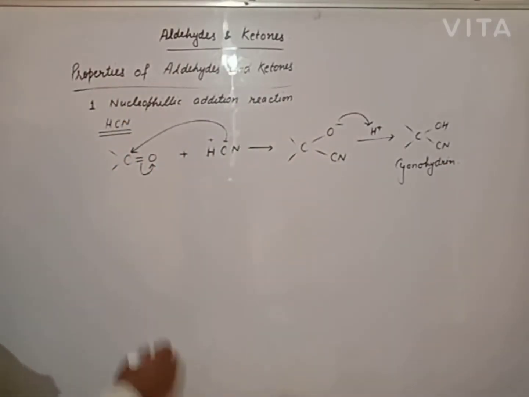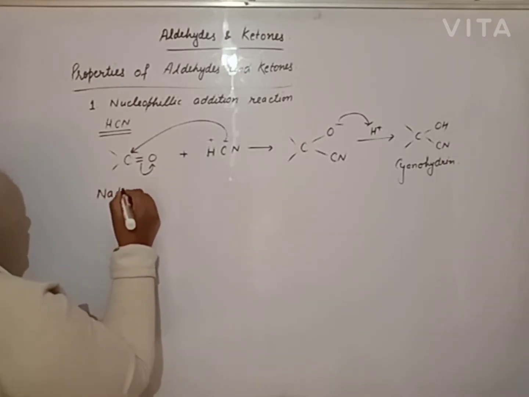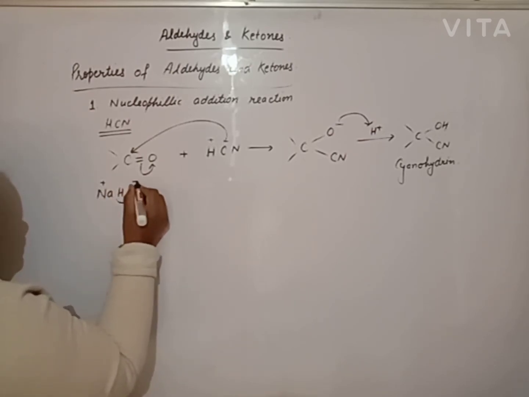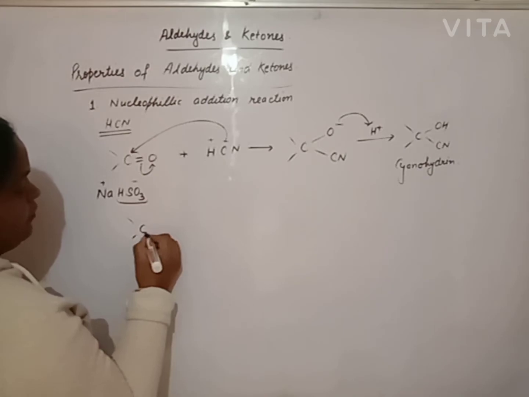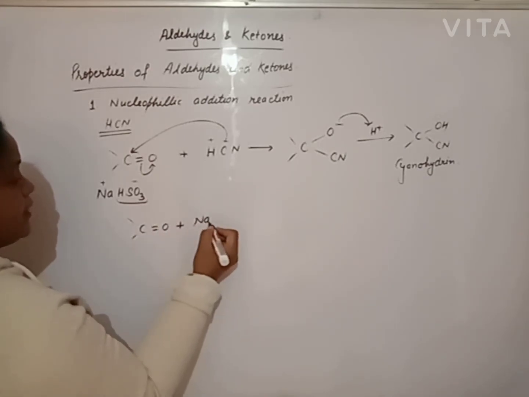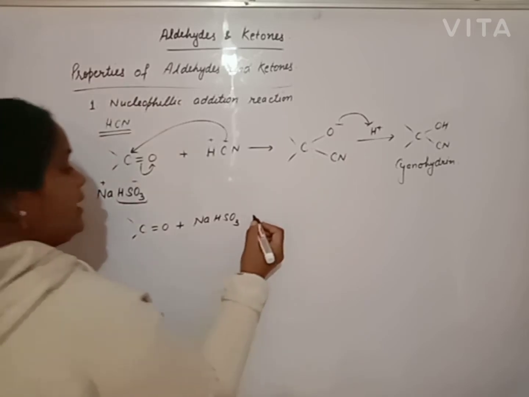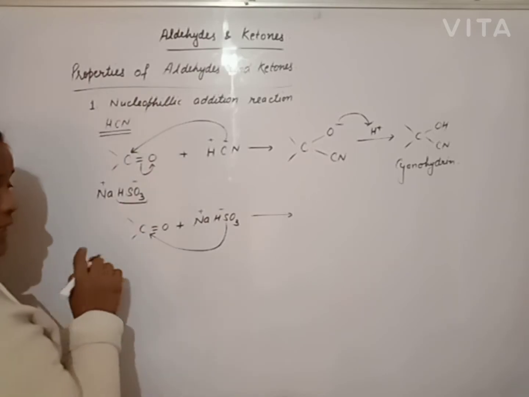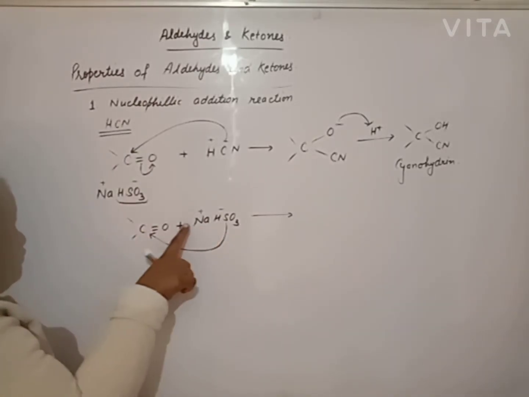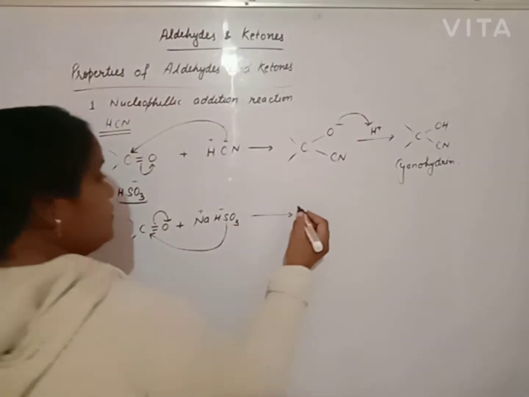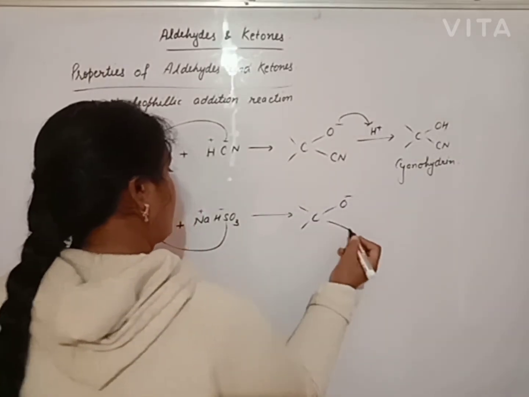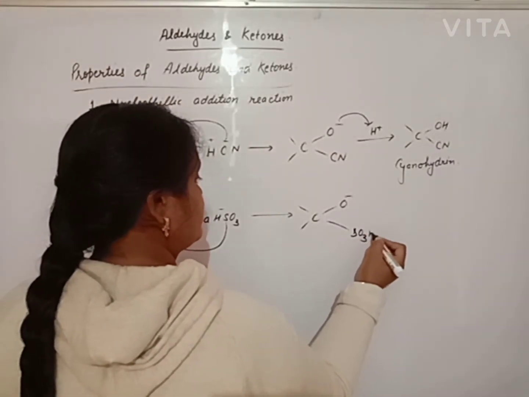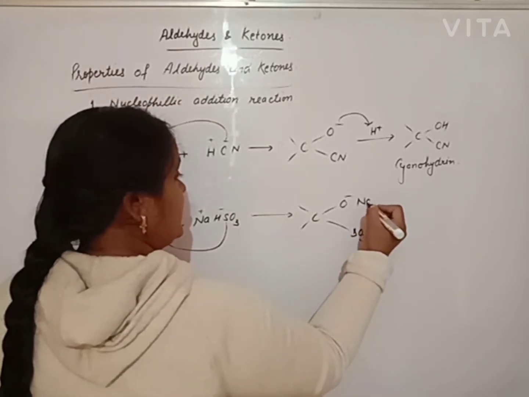Clear? Addition of sodium bisulfite, NaHSO3. Out of this, sodium is positive and the whole of this group is negative. In the same way, when the carbonyl group comes in contact with sodium bisulfite, what will happen? The negatively charged part of this reagent will attack the carbonyl carbon due to the presence of positive charge on carbonyl carbon, and the remaining positive part attacks over here.